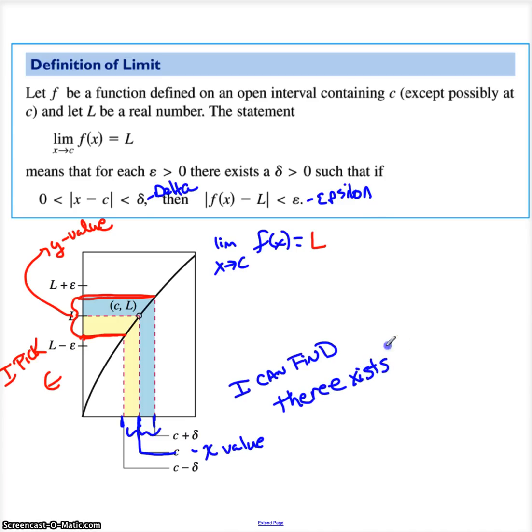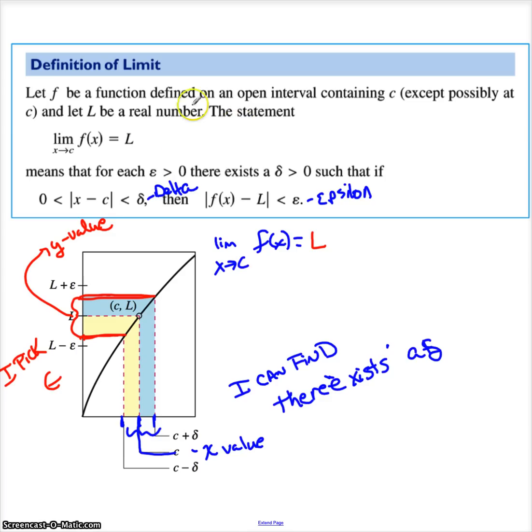That's kind of the hard part sometimes. There exists a delta so that if I am within delta of c, then the absolute value of f minus L is less than epsilon, or the functional value I find will be within this L plus epsilon range, or L minus epsilon range. So it doesn't matter what epsilon I pick, I can find a delta.